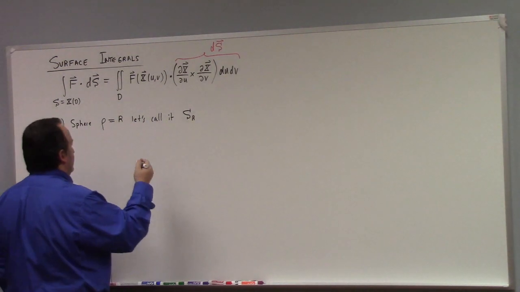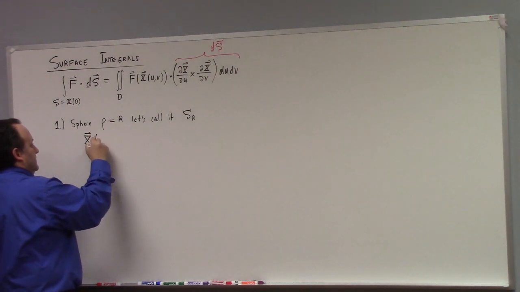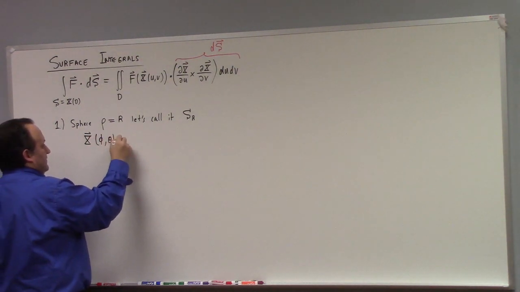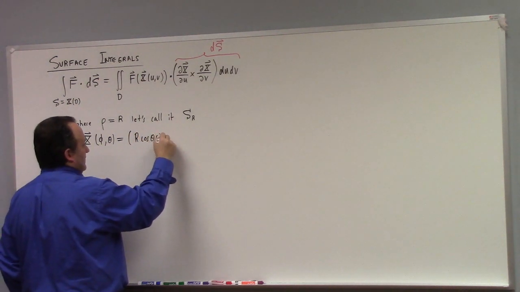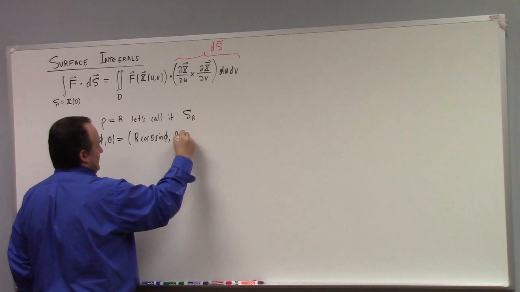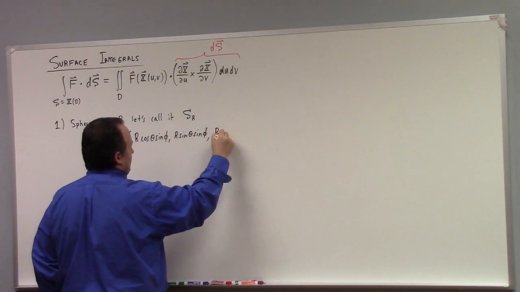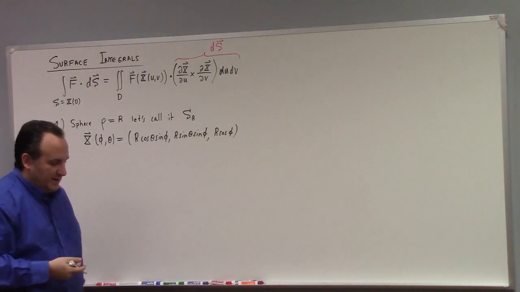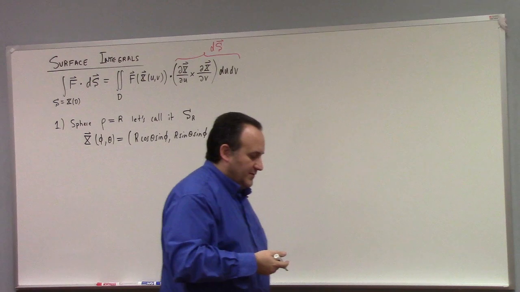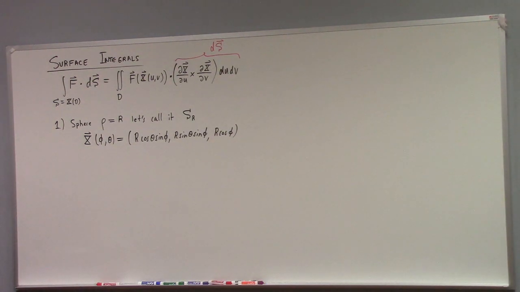We worked out that in that situation, we have a parameterization of phi, theta: r cos theta sine phi, r sine theta sine phi, r cos phi. Which was exactly the formula you get from looking at spherical coordinates and just freezing the spherical radius to be rho equals r.